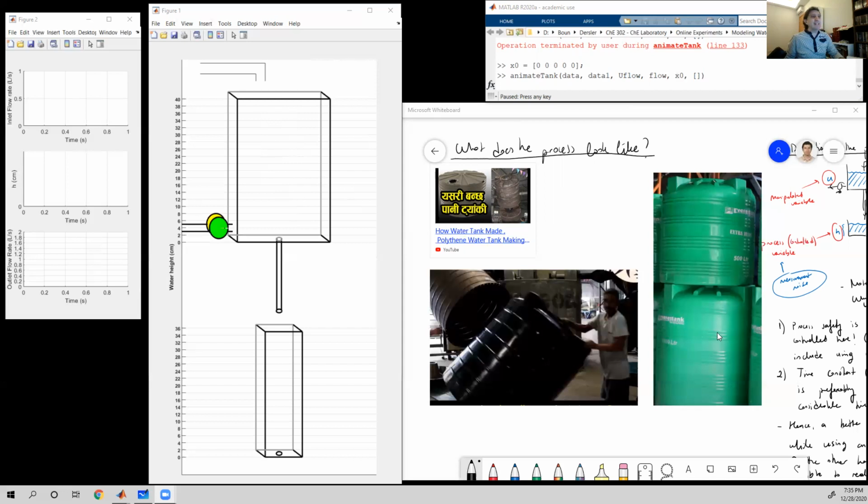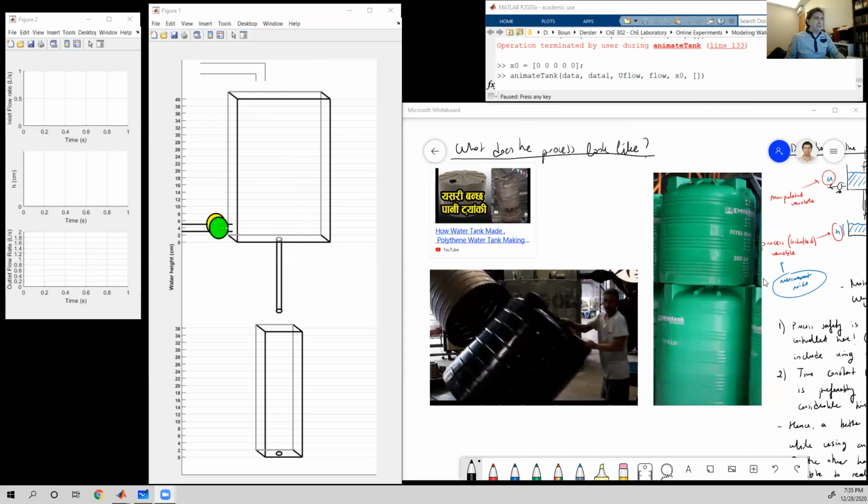The two tanks in series may be visualized in real dimensions and compared with the height of this person. When you put these two tanks on top of each other, it's going to be close to the height of a person, or maybe slightly exceeds or is slightly lower than that.